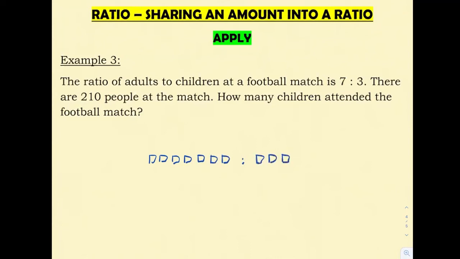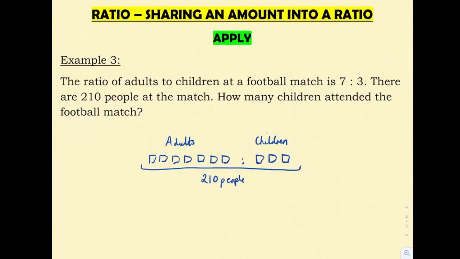Now, because it's mentioned adults first, that represents the 7 parts that's been mentioned first. So I'm just going to label, and the other is going to be the children, because that's what's mentioned afterwards. And the 210 that we've got in total would be represented like this.